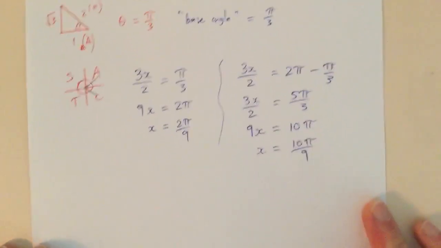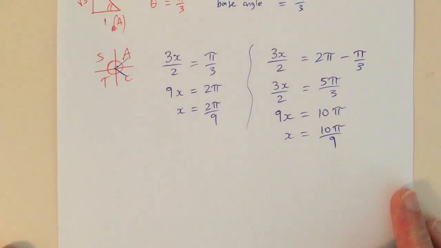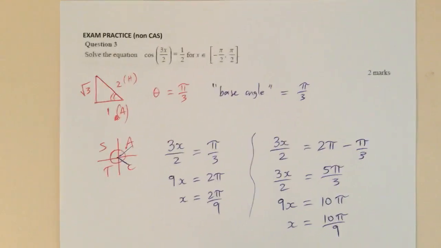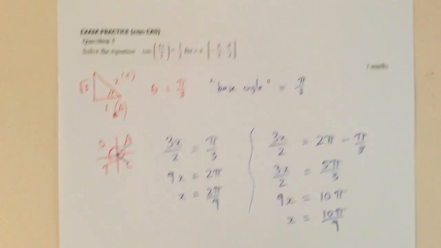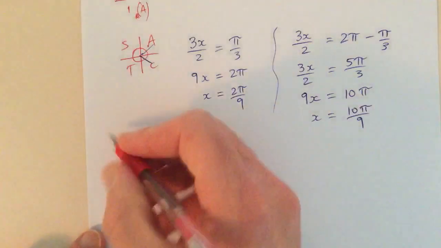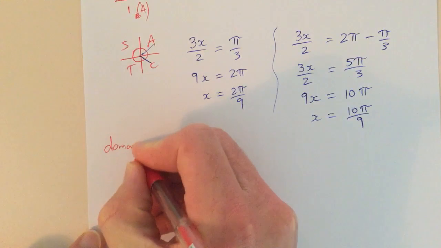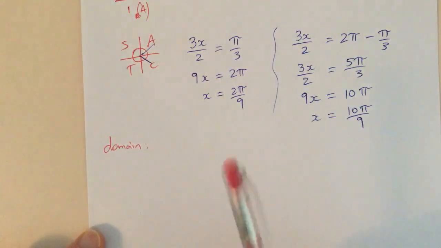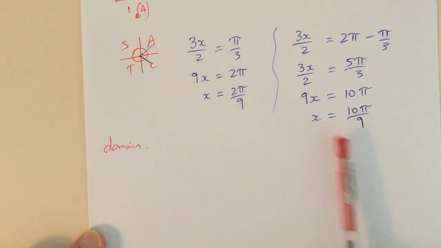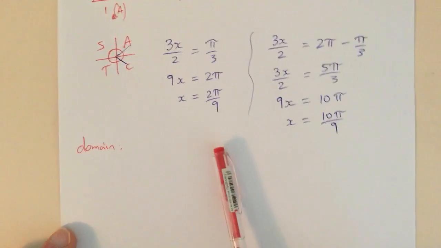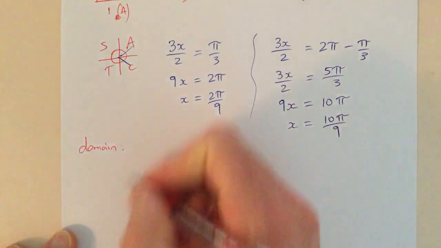All right. Last bit is to use the domain and use the period to see if we can work out where further solutions are. Going back to the initial question, the domain is negative pi on 2 to pi on 2. That's our domain. It might be helpful to write that over 9, given that these two values are already over 9.